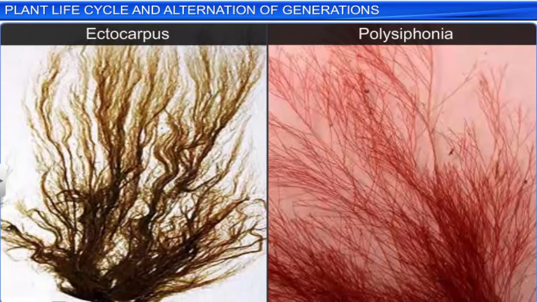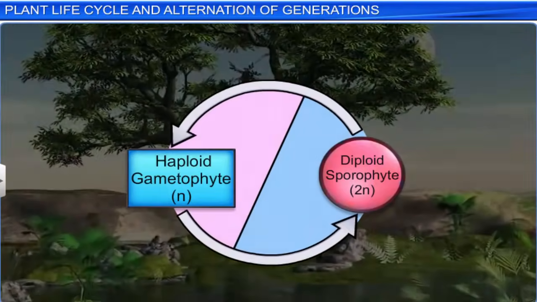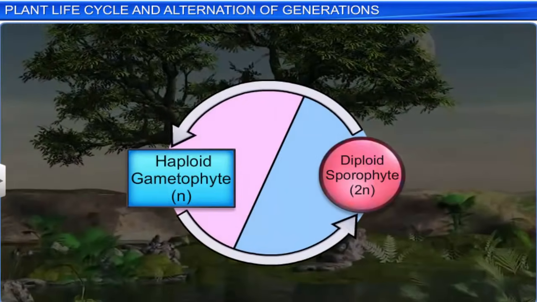Apart from Bryophytes and Pteridophytes, certain algae such as Ectocarpus and Polysiphonia also exhibit the haplodiplontic life cycle. Thus, every plant cycle is marked by alternation of the sporophytic with the gametophytic phase. However, the dominant phase differs in different plant groups.